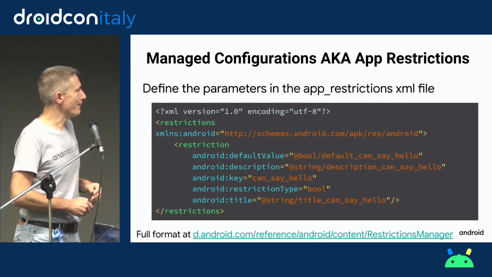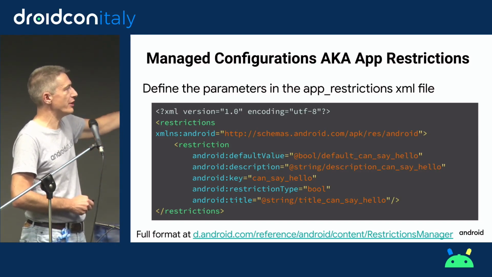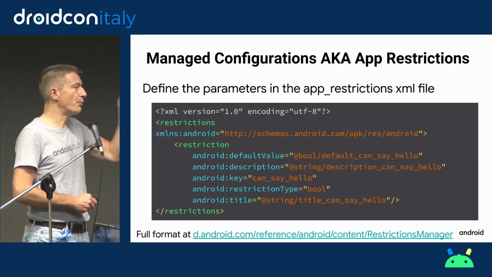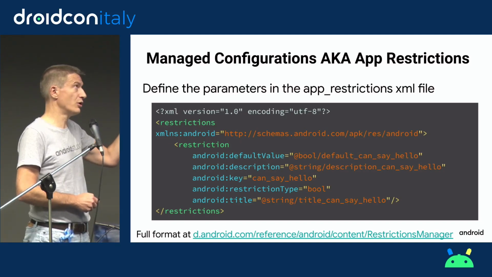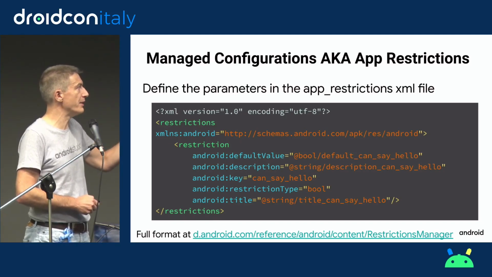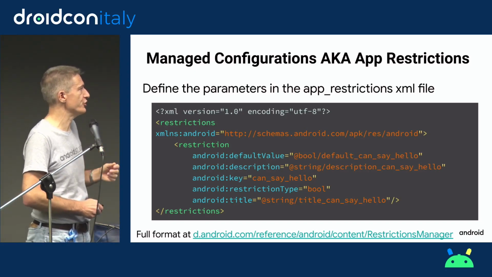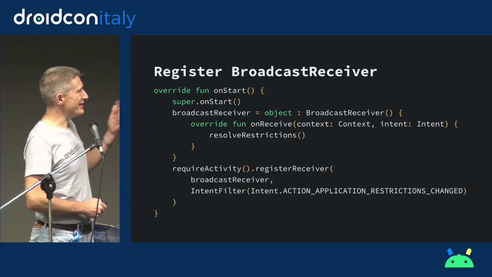Once you have everything defined, this is inside your APK, and automatically it's going to be pulled from the APK by the managed Google Play iframe and exposed as the configuration that you can change. How is this information sent to your application?